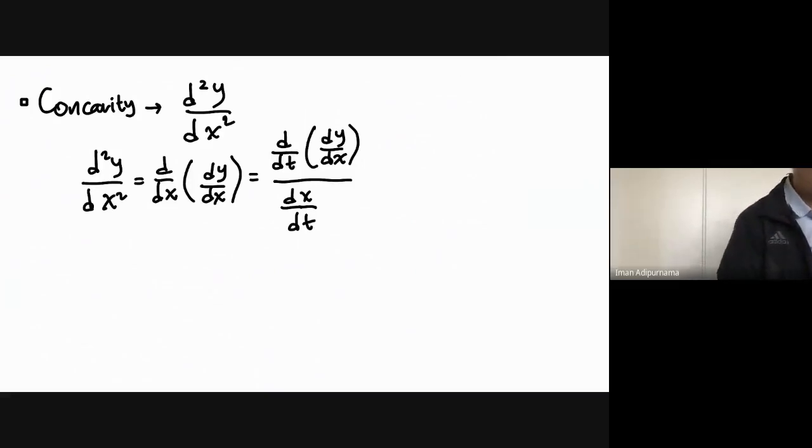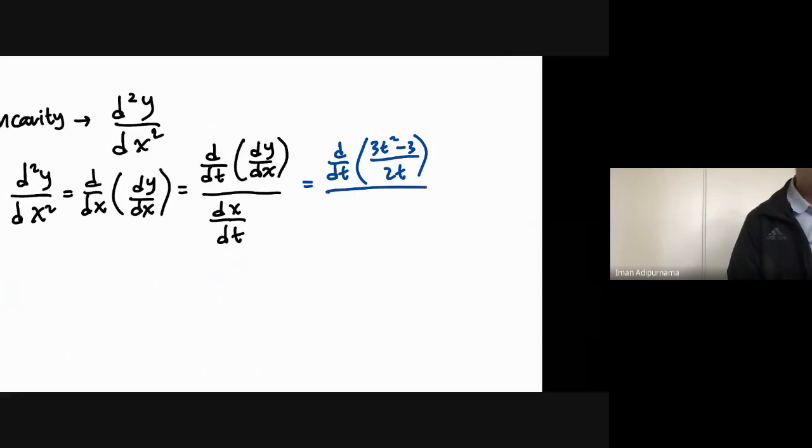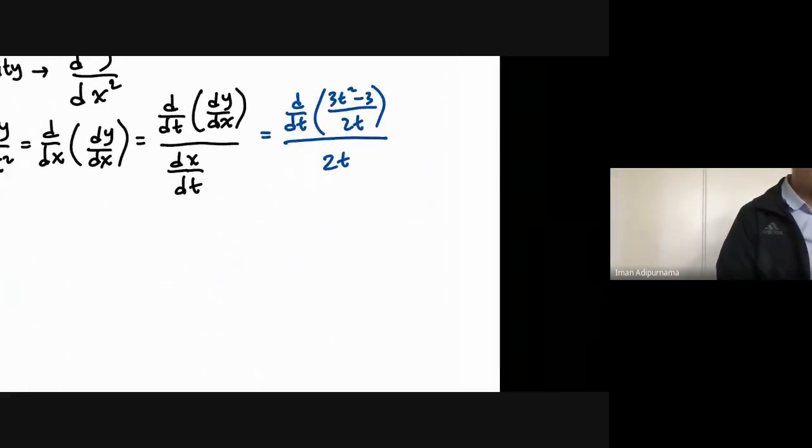Okay, now we can input our first answer: 3t squared minus 3 divided by 2t, right? And dx over dt is 2t. Now solve the first one.